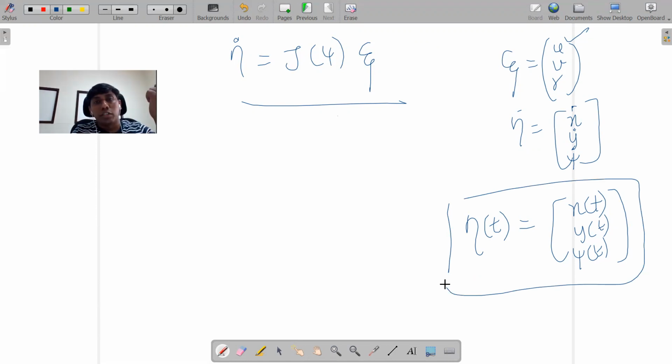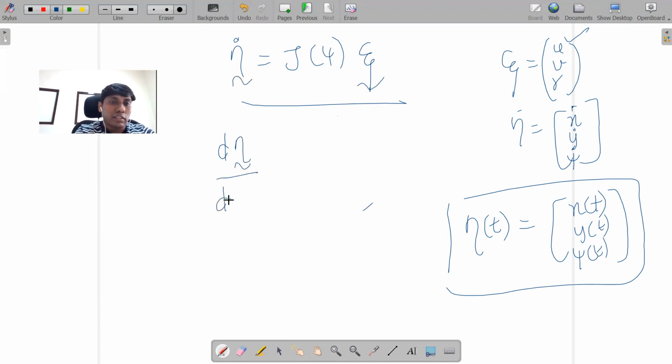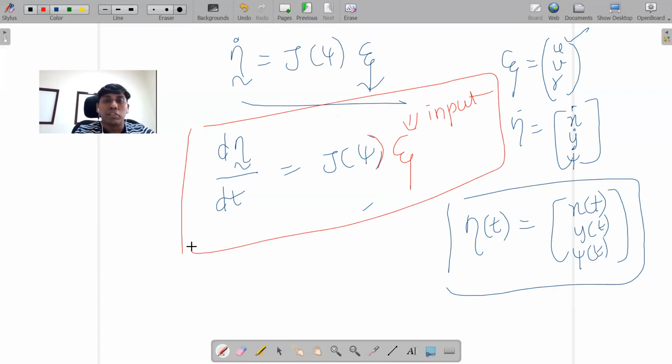It's a very interesting question. If you rewrite this equation, although it's a vector, I'm writing it like this, and this is the input. Now it is in the form of a simple ordinary differential equation, and the order is one, so it is a first order differential equation.